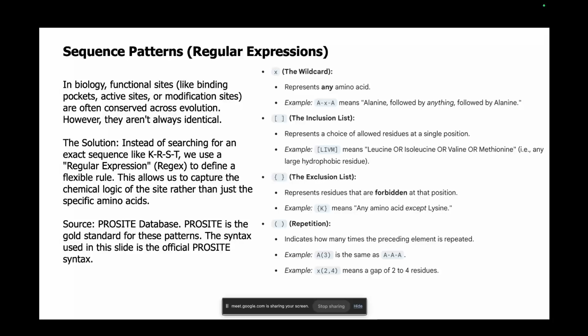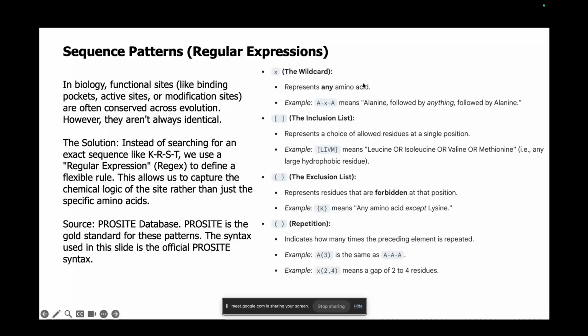So instead of the exact sequence, what you can do is search for a more relaxed kind of sequence. Instead of searching for an exact sequence, you use a regular expression, called regex, to define a flexible rule.